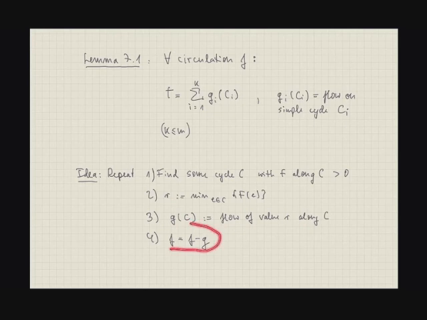And now I just subtract this cycle flow from F. I take F minus g. Because I took the minimum flow value along that cycle, at least one of the edges will have zero flow afterwards. So after I've done that at most m times, all the edges will have zero flow. So that's already the proof of this flow decomposition lemma for circulations.